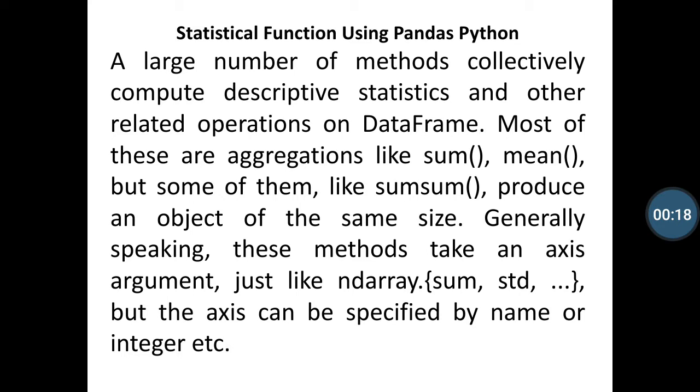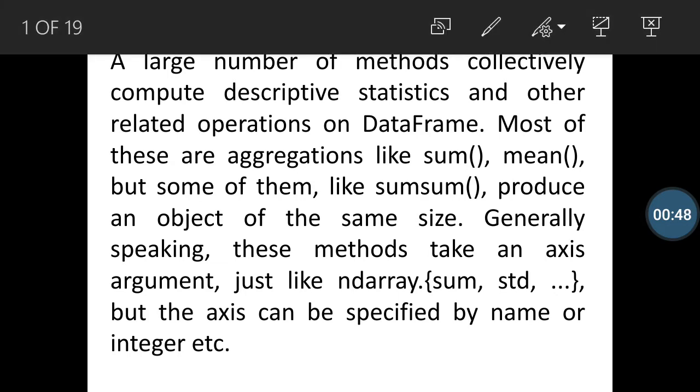There is a large number of statistical functions used in Python using the Pandas library. In this regard, I represent a slide. I have described here a large number of methods that collectively compute descriptive statistics and other related operations on a data frame. Most of these are aggregations like sum and mean, but some of them, like cumsum, produce an object of the same size.